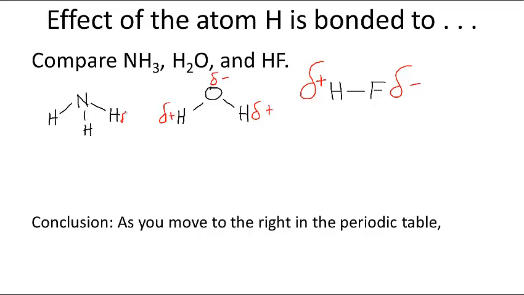And here it might be a smaller delta plus. This is lowercase delta, yeah. You might remember that from way back in the fall. We use these little lowercase deltas.